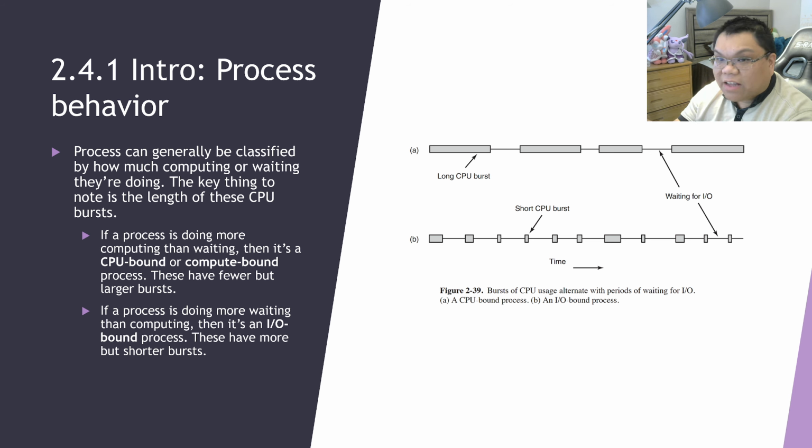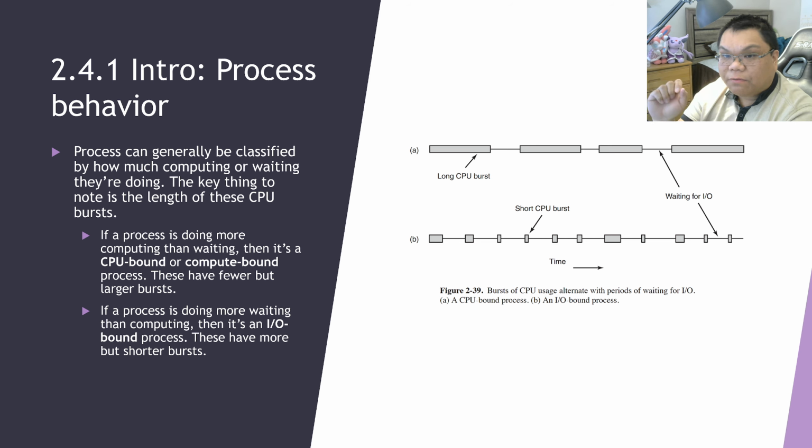If, on the other hand, a process can only do a little bit of computing. Okay, I need to read from a file again. And now I have to wait. And now I got the information I need, so I need to compute, but I need another value from the file again. So I have to wait. Okay, I got it. Compute, no, wait, I need to read the file again. This is called an I/O-bound process.